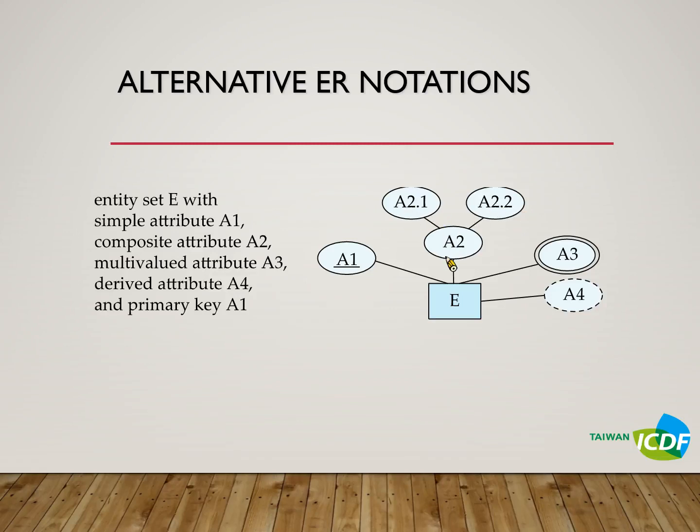So composite attributes can be represented like a flower. And A3 is a multivalued attribute since it is represented with a double oval. And A4 is a derived attribute because it is represented with a dotted line.